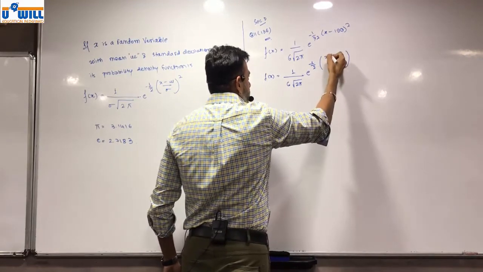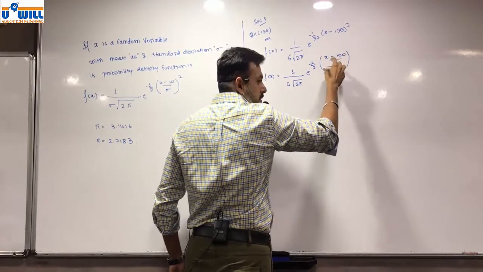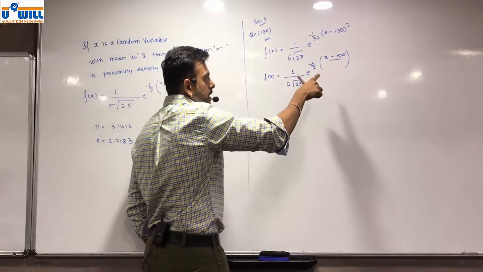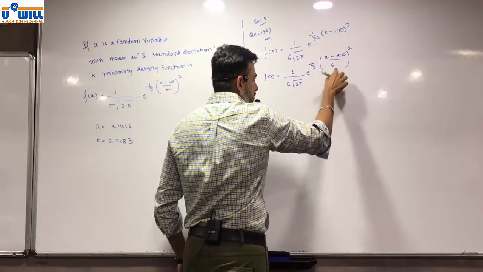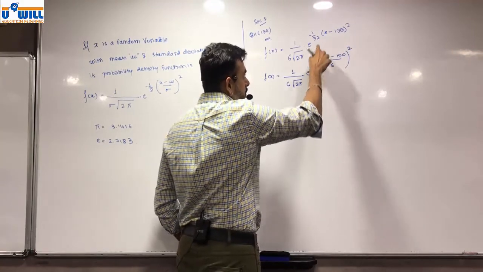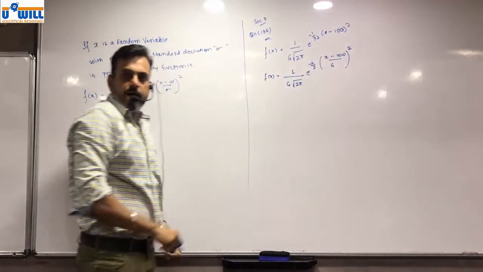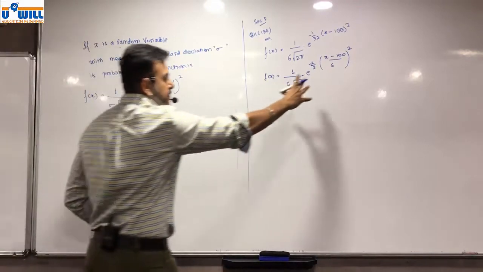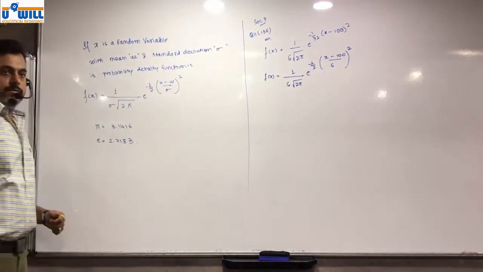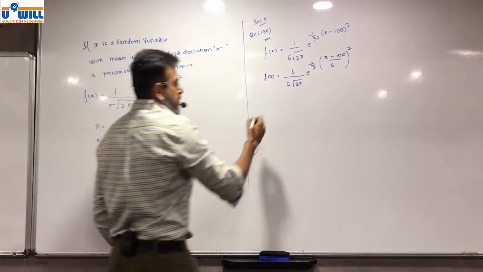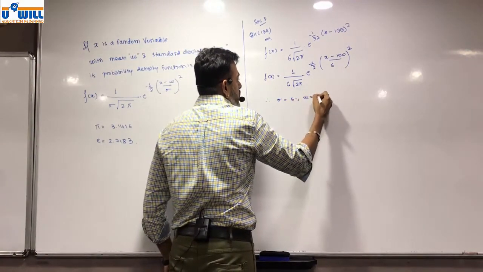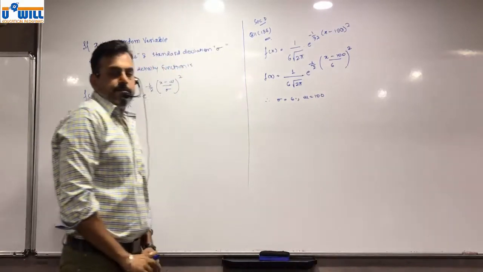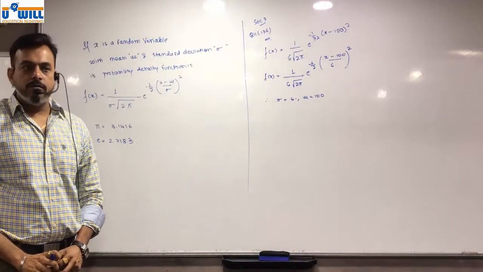Then I want is x minus mu upon sigma. Now, 6 the square is 36. 36 into 2 is 72. Got it now? Can I compare this with this now? So therefore, sigma is equal to 6 and mu is equal to 100. Got it, all of you?